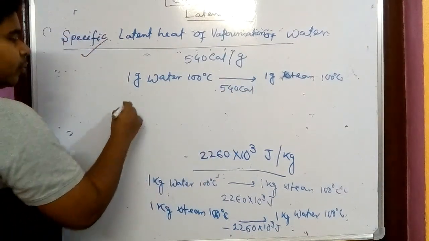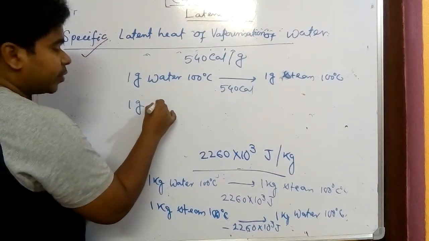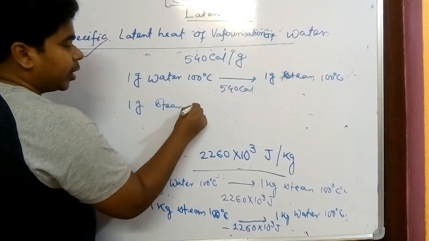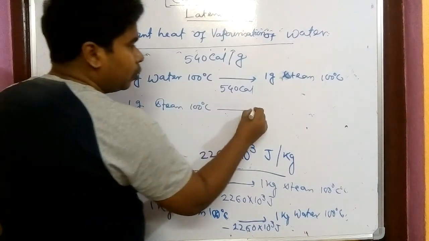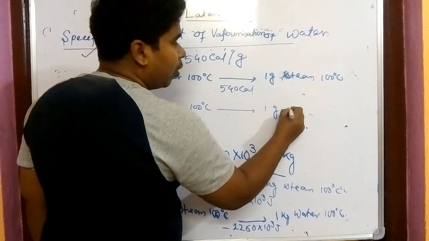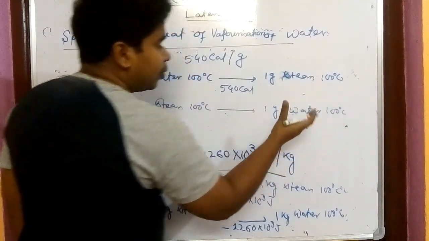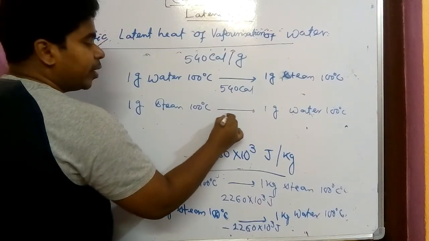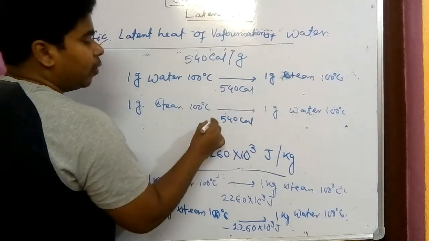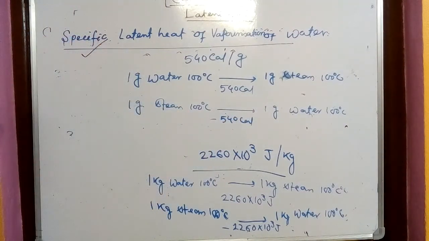Or in another way, to convert 1 gram of steam at 100 degree centigrade to 1 gram of water at 100 degree centigrade, you have to take out 540 calorie of heat energy. So 540 calorie per gram, or 2260 into 10 to the power 3 joule per kg, is the specific latent heat of vaporization of water. So that is what you have to remember.